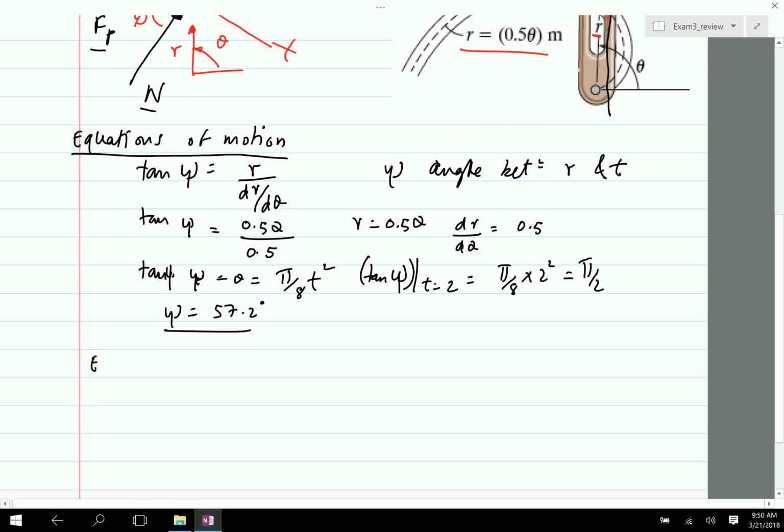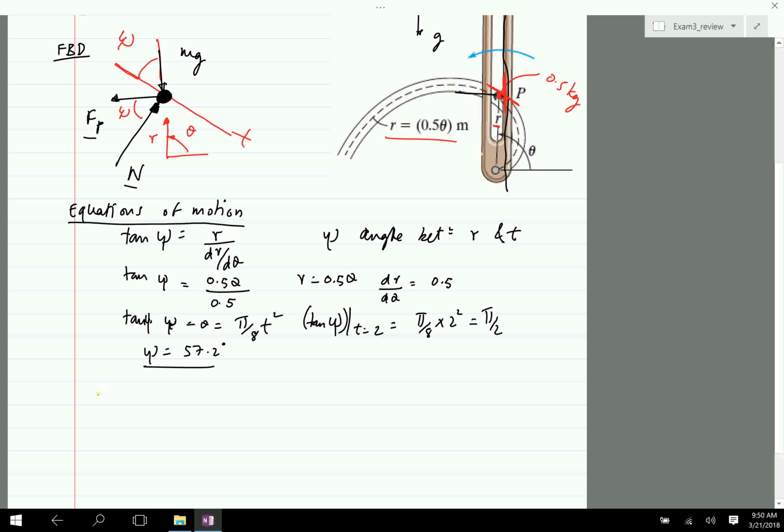Okay, equations of motion. So I'm going to resolve n in the r direction, so n sine psi, so that's in the r direction, minus mg equals mass times acceleration in the r direction, which is r double dot minus r theta dot square, right?